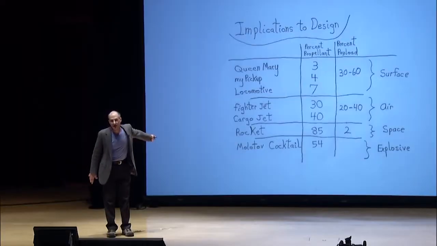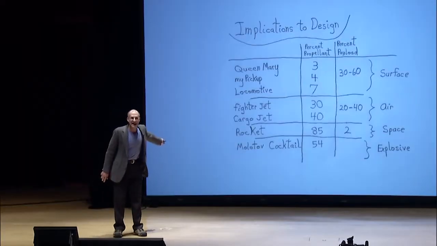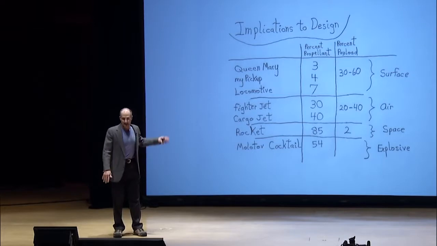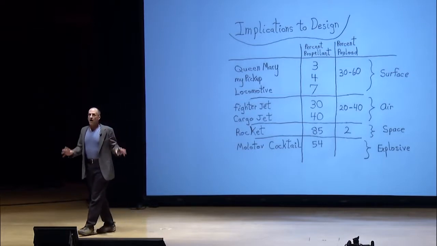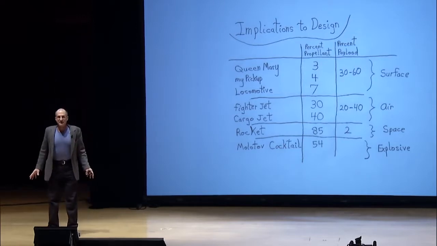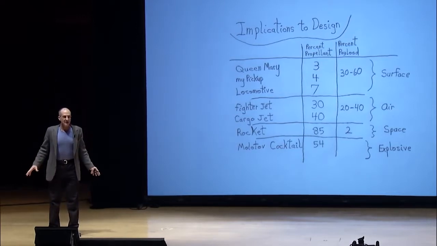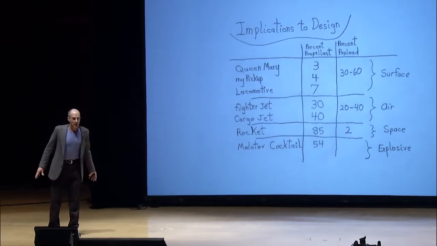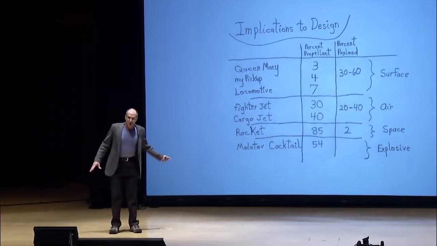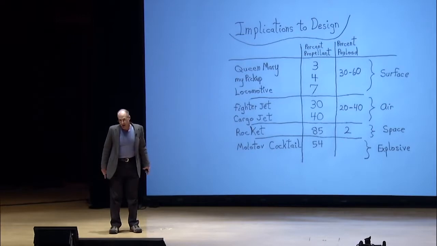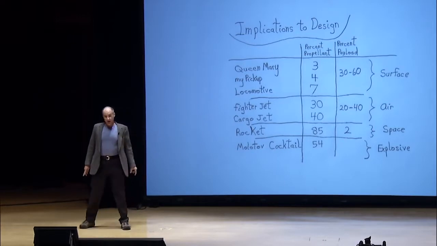Now, look at rockets. They're not even in that category. 85% propellant, 2% payload. Rockets are on the edge of our engineering ability to even make and also pay for. And I put another category of devices.